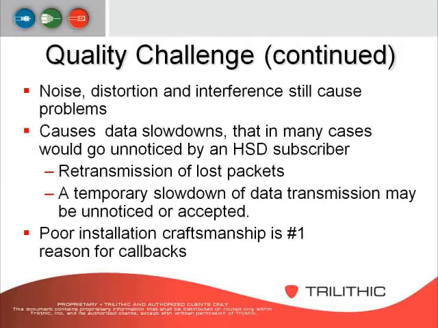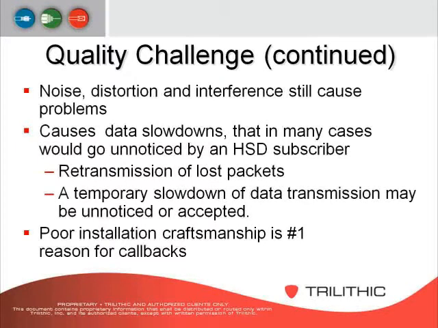Now, keep in mind that with high-speed data, as the packets are retransmitted, there would be a temporary slowdown of data transmission, so that part would be noticed. But it'll be accepted because a lot of times it's not to the point that it's going to cause huge flags to come up.